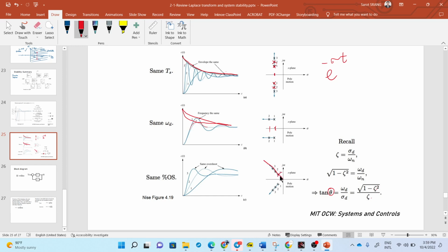Theta you can consider with respect to the x-axis. Here theta is fixed. Case 1, case 2, case 3, theta is fixed.